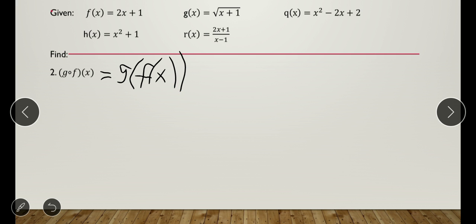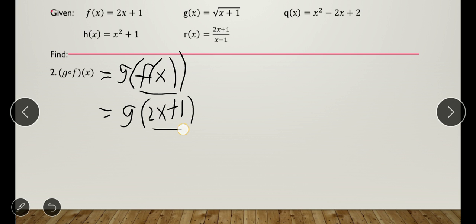Now at this point, f of x is now our argument. But what is f of x? 2x plus 1. Substitute. So this is now equal to g of 2x plus 1.